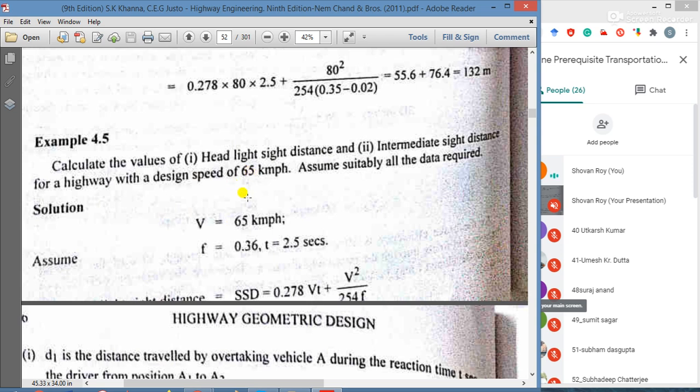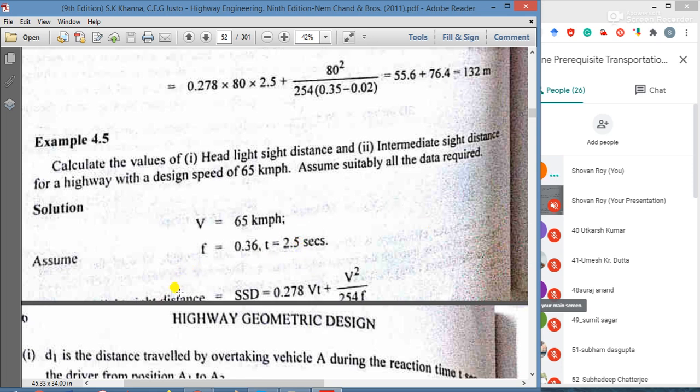We have to calculate the headlight sight distance and intermediate sight distance for a highway with a design speed of 65 km/h. Solution: V is 65 km/h. F, the coefficient of friction, is taken as 0.36; you can take 0.35, no problem. T is 2.5 seconds, the reaction time of the driver.